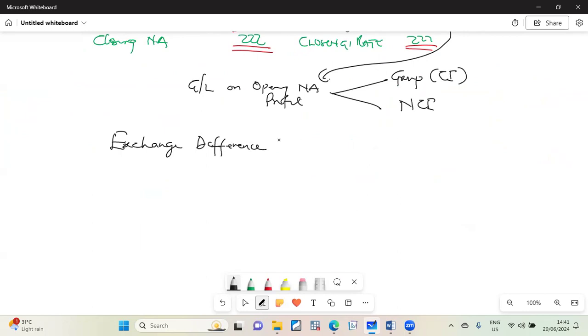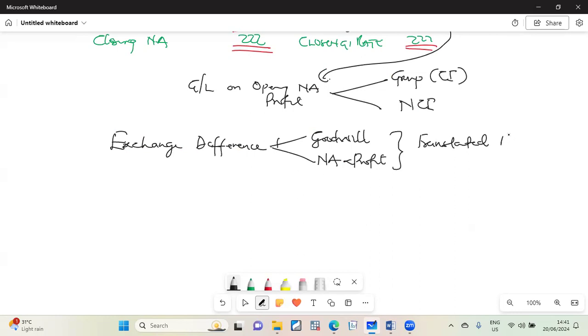The exchange differences, the one on the goodwill, which you may share or may not share, then the one on the net assets and the profits, which of course you will share, all these things go into another line, which we call translated reserve.